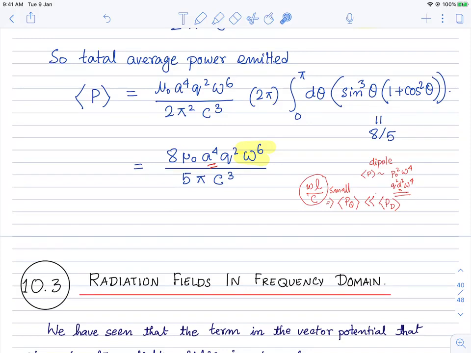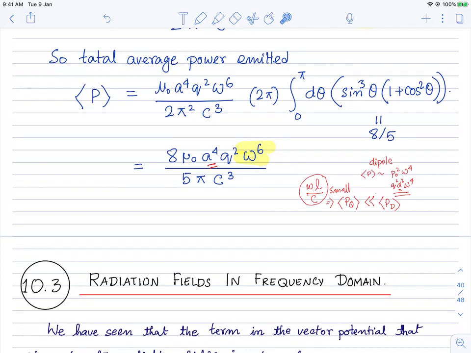In such a situation, you can ask what happens to cross terms between electric dipole and magnetic dipole terms, because we have E cross B, or in the power we have E square or B square. So there can be cross terms when you are computing these quantities. If there are any cross terms that survive the time averaging, these cross terms will essentially be zero if you compute the total power.